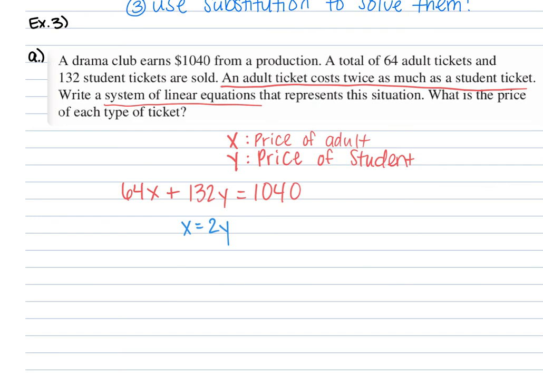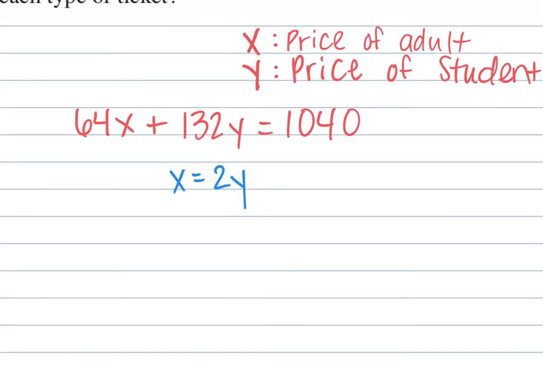Now, let's use substitution. Are either of these 2 equations completely solved for? They are. Which one? The second one. x equals 2y. So, box it in there. And 2y becomes my substitution. I'm going to sub in 2y for what?